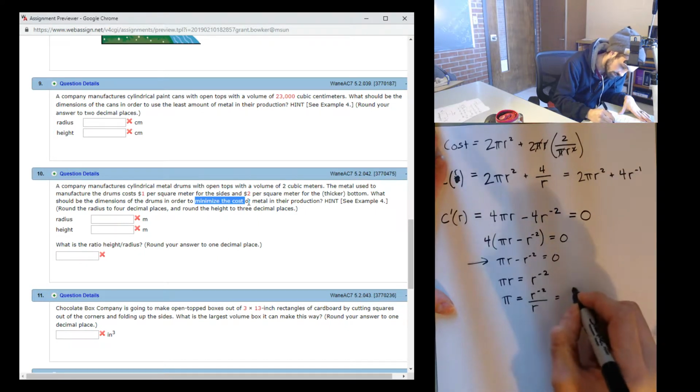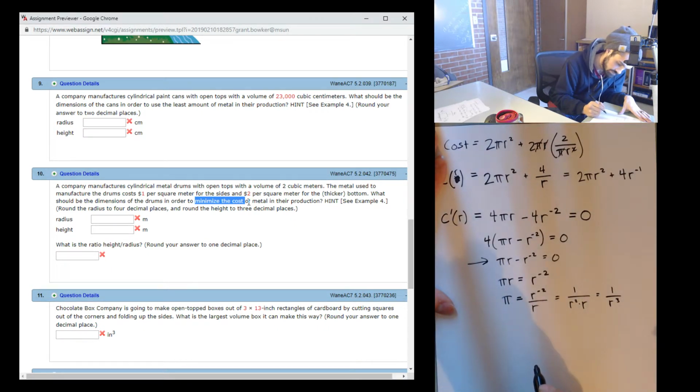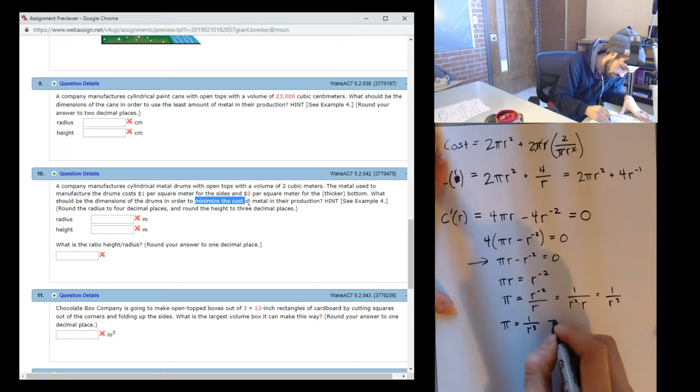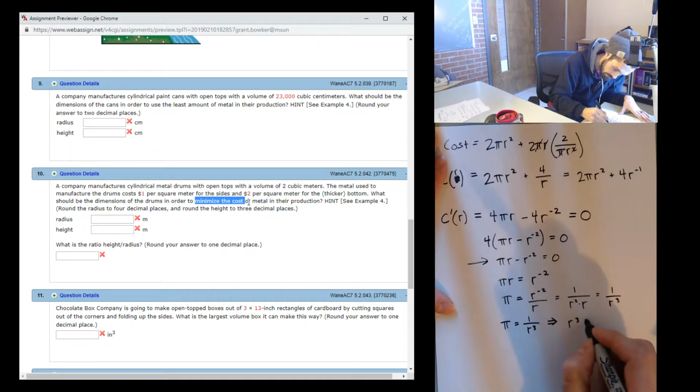Well, that's 1 over r squared times r, which is 1 over r cubed. So essentially pi is 1 over r cubed, which will give me r cubed is 1 over pi.